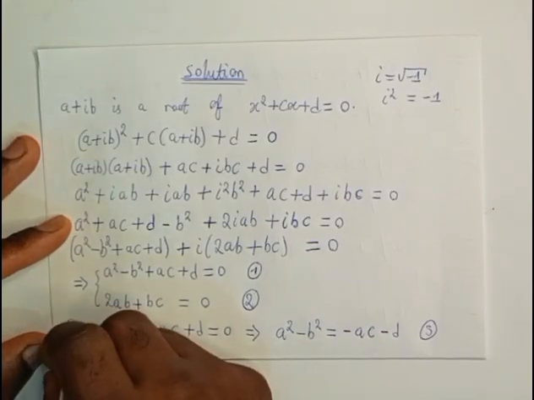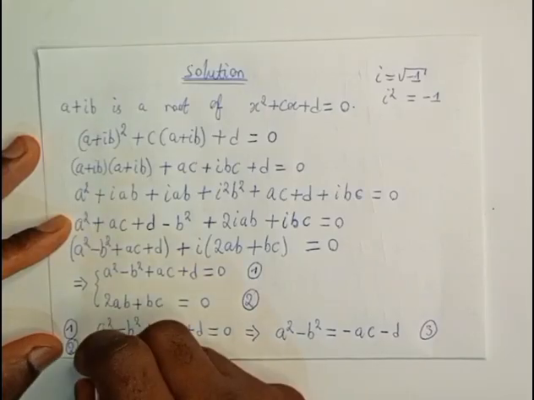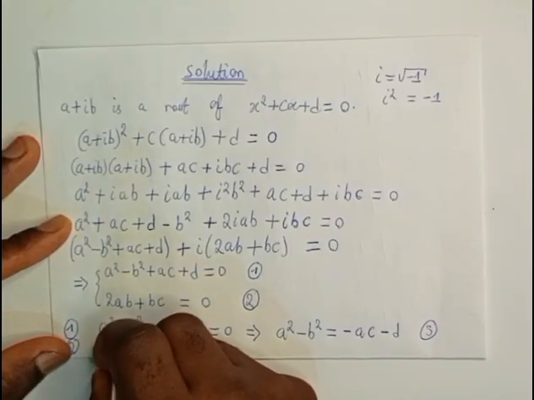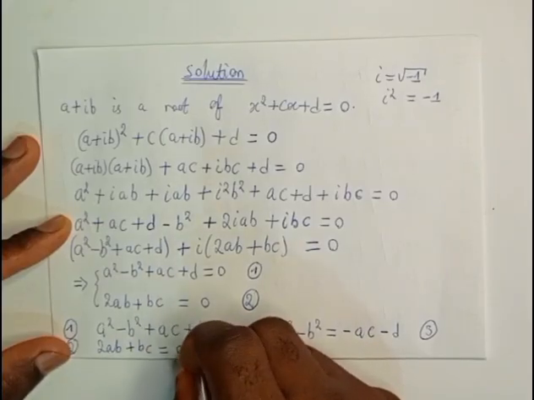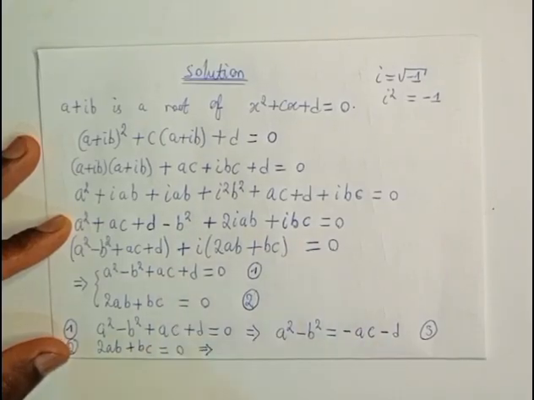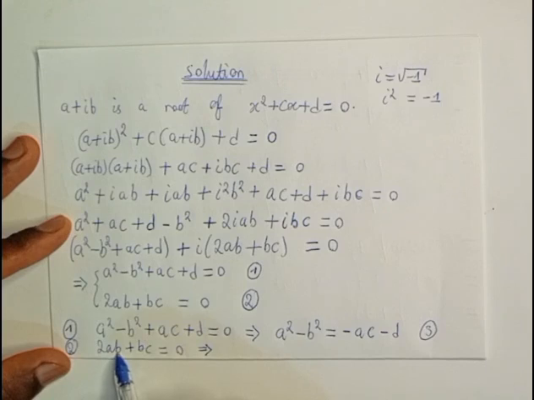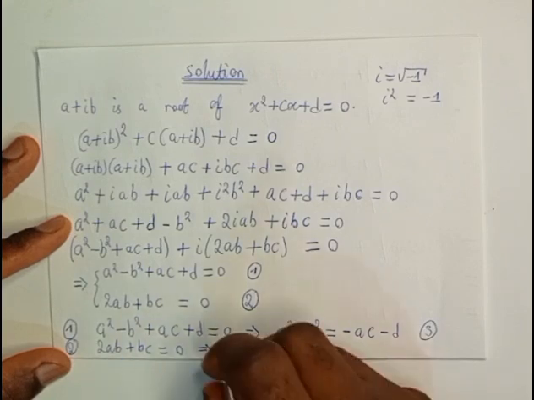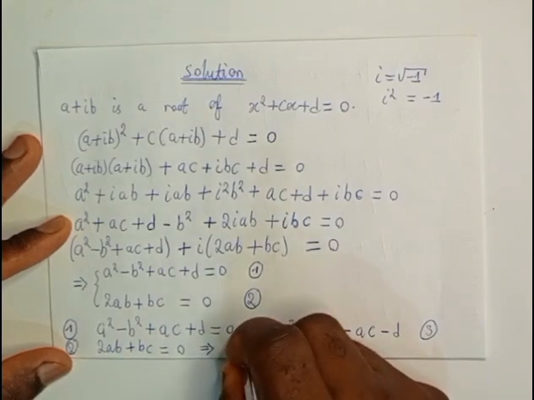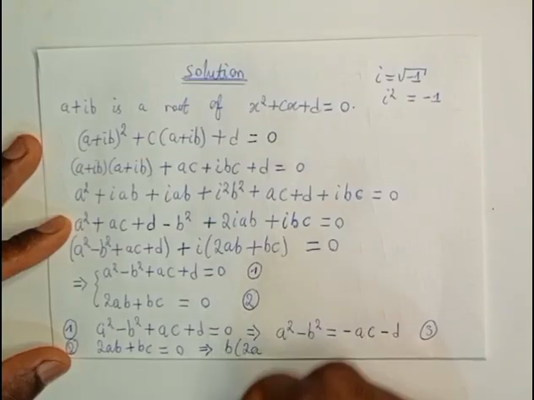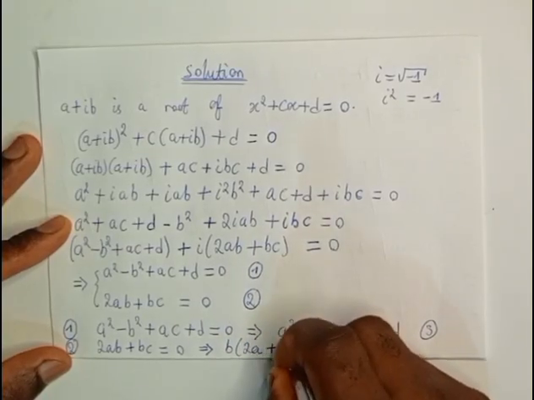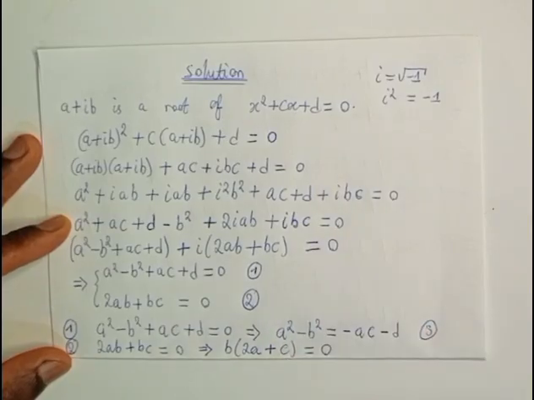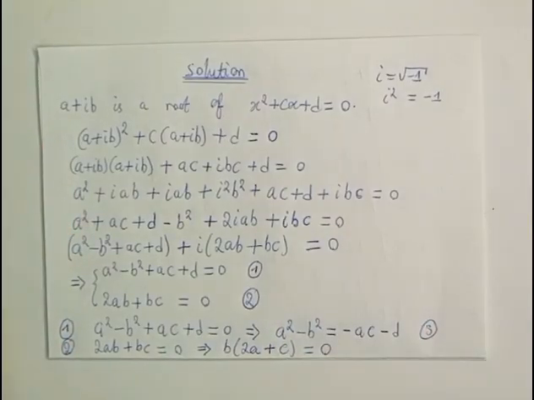Make use of equation 2. Equation 2, we have 2ab plus bc is equal to 0. Then if we factor out the b that is common, this will give us b times (2a plus c) is equal to 0. Next, we are going to divide both sides by b.